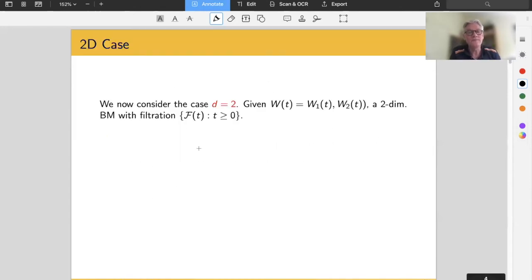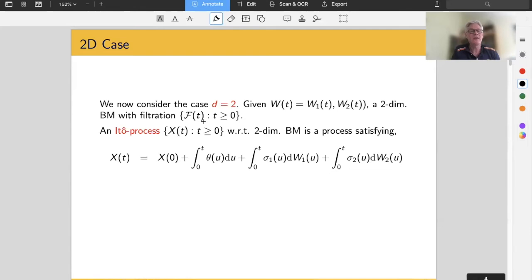We will move on to the 2D case. We will consider the two-dimensional case in more detail. Here, Wt is given by (W1t, W2t), a two-dimensional Brownian motion with the filtration Ft, t greater or equal to 0. Now we can define an Ito process Xt, t greater or equal to 0, with respect to the two-dimensional Brownian motion.